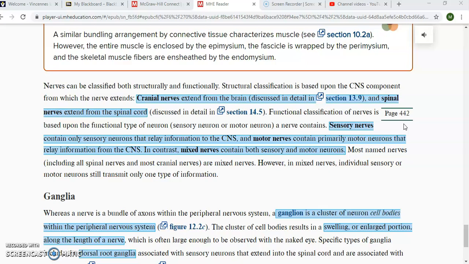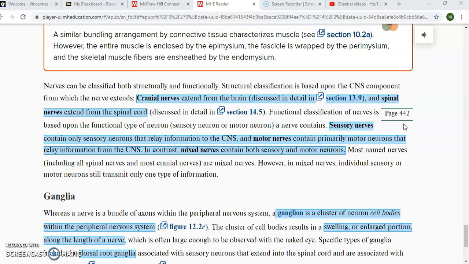Now, also, if we look at the axons of the neurons running through those nerves, there are some nerves that just have sensory neurons, taking the signals to the CNS. We also have some nerves that just have the axons of motor neurons, so the signal goes away from the central nervous system.